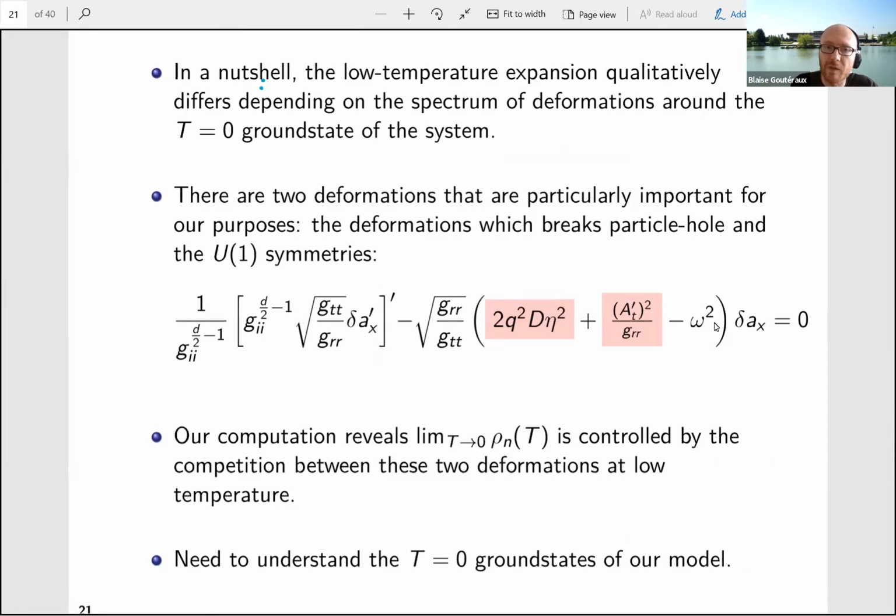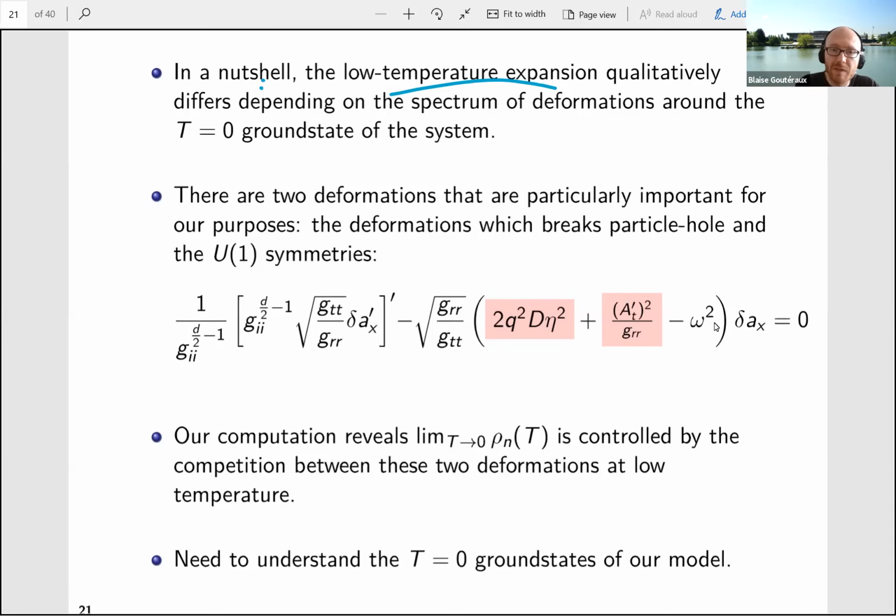By ground state, I mean that the system is described in the IR by some zero temperature geometry close to the horizon. Then we look at how this extremal geometry is connected to the UV AdS, and it's connected by some set of irrelevant deformations, so radial modes. Depending on how these modes interplay, we find qualitatively different low temperature expansions.